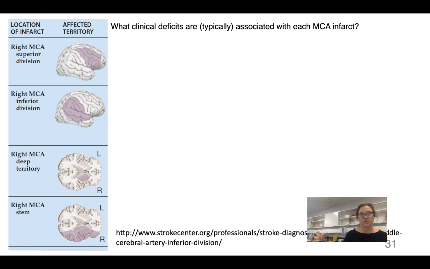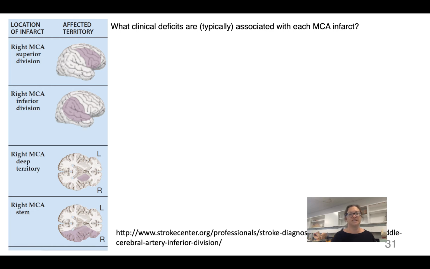So you're going to have sensory and motor deficits in the contralateral, in this case the left side of the body, but generally a contralateral deficit picture, where the arms and face represented laterally on the cortex are affected more dramatically than the legs represented medially in the cortex. And so those will be prominent in the superior division scenario.